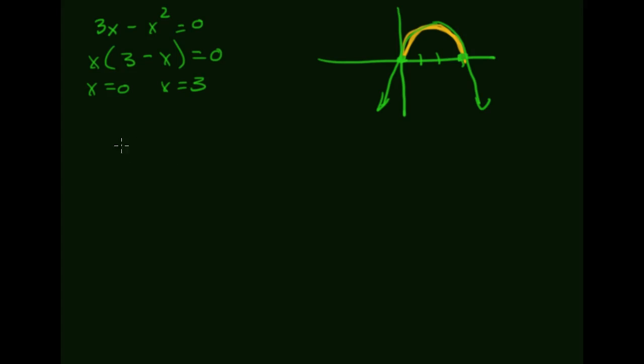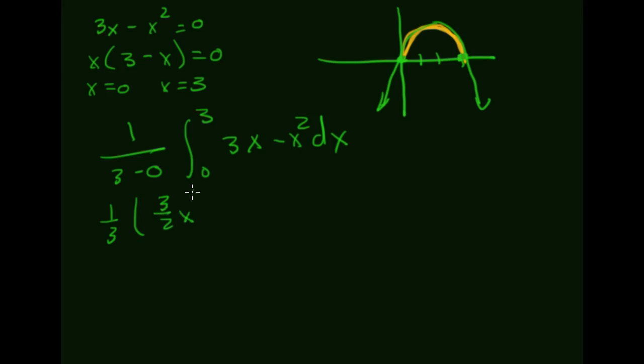So I want to take 1 over 3 minus 0, integral from 0 to 3 of 3x minus x squared dx, which is 1/3 times 3 halves x squared minus 1/3 x cubed from 0 to 3.